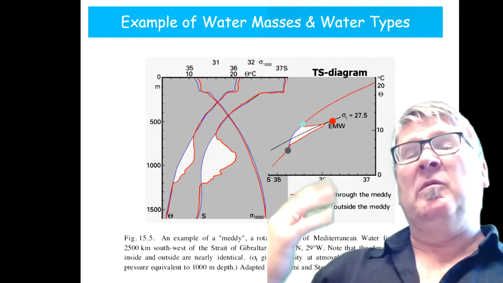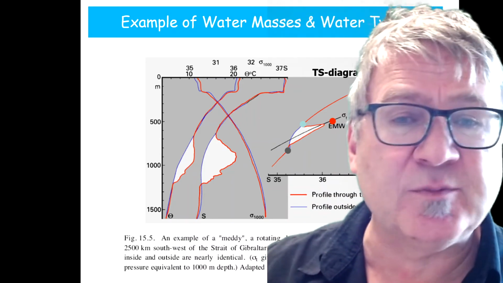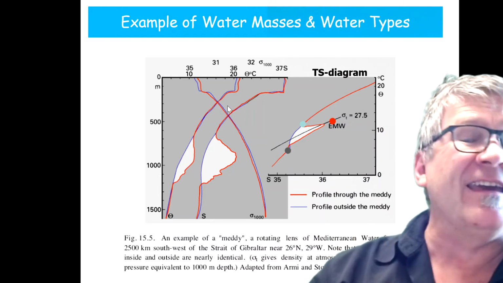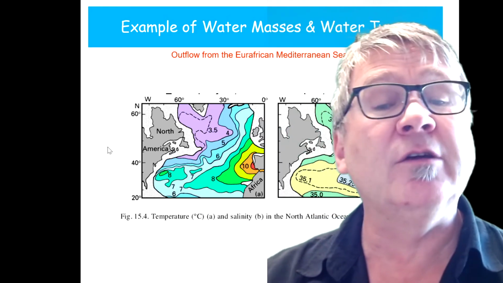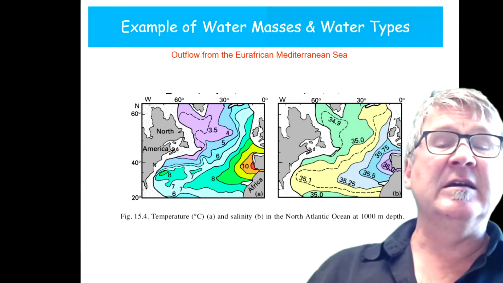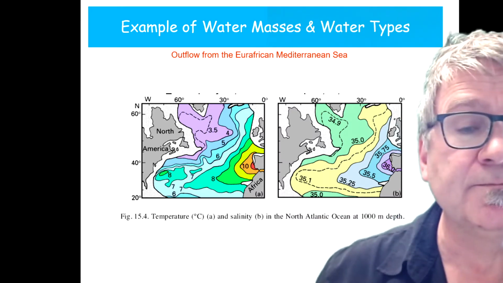So if you now want to know how the Mediterranean water spreads on larger scales, you can indeed go back to one figure that I already presented to you in a lecture. And this is shown here again: horizontal distributions of salinity and temperature at 1,000 meters.